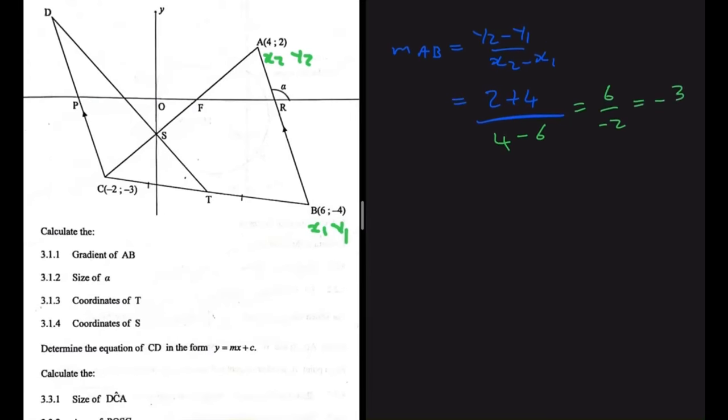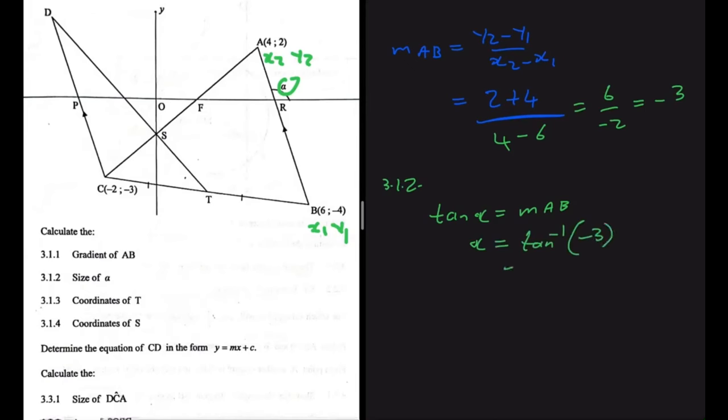Now let's do 3.1.2. That is asking us to calculate the size of this angle. Since we already have the gradient of AB, we can say that tan of that angle is equal to the gradient of AB. So that angle will be tan inverse of the gradient, which is minus 3.